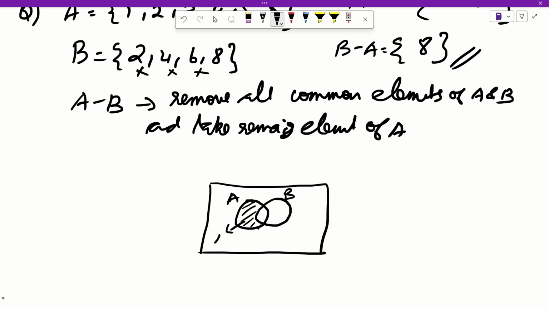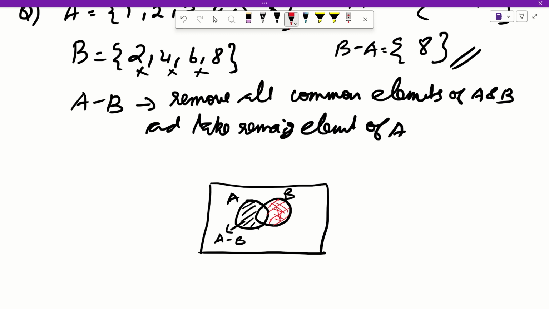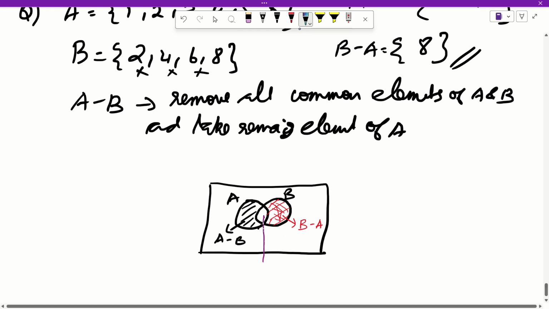So this is A minus B. B minus A means only B. This is B minus A. And what is this? This is A intersection B.